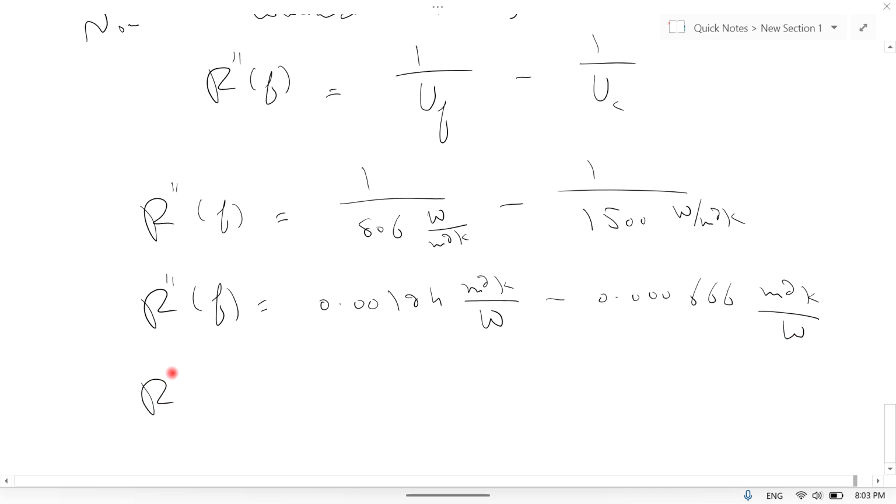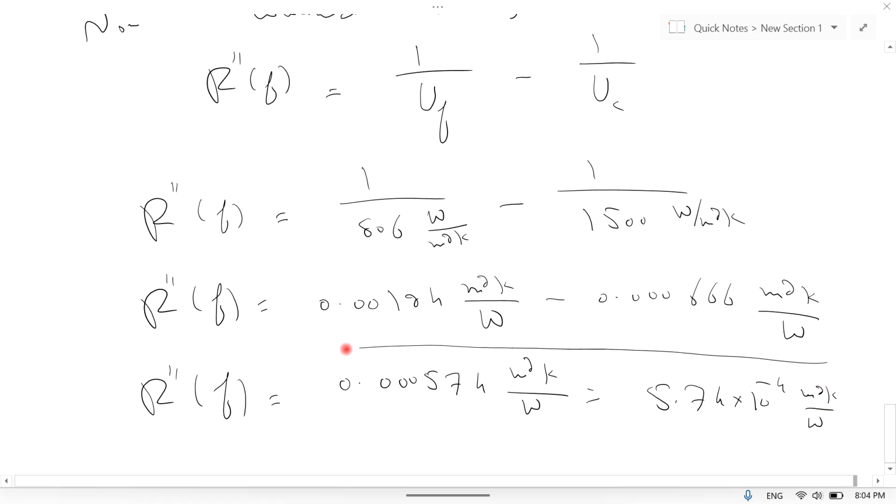So the cumulative fouling factor is equal to 0.000574 meter square Kelvin per watt, which is 5.74 multiplied by 10 power minus 4 meter square Kelvin per watt.